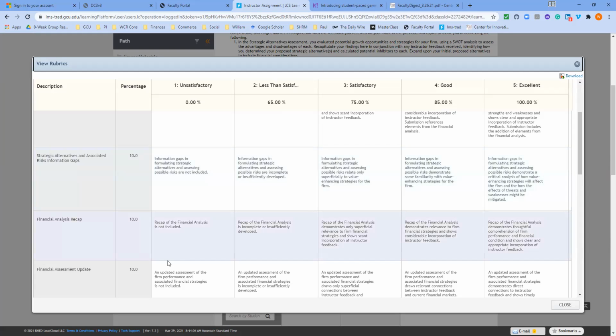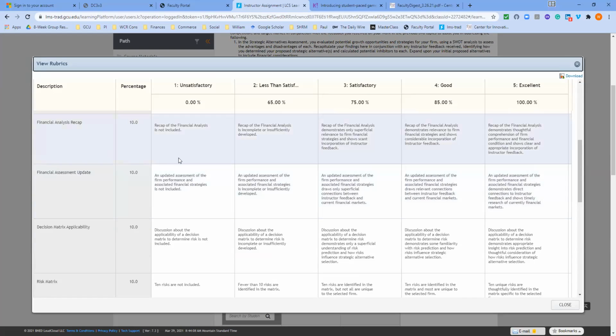All right, so the next 4, at least, are also 10% of your grade. You need to recap the financial analysis in a way that demonstrates thoughtful comprehension of firm performance and the financial condition and shows clear and appropriate incorporation of instructor feedback.